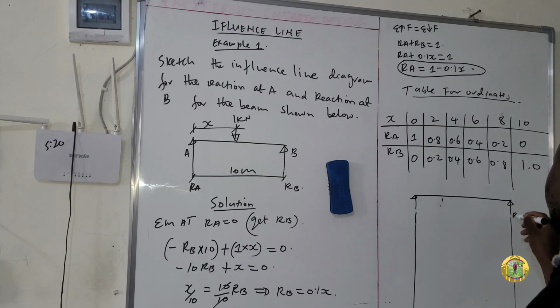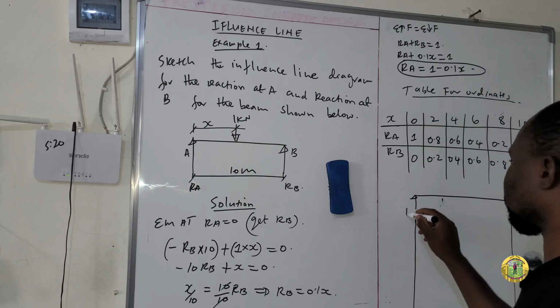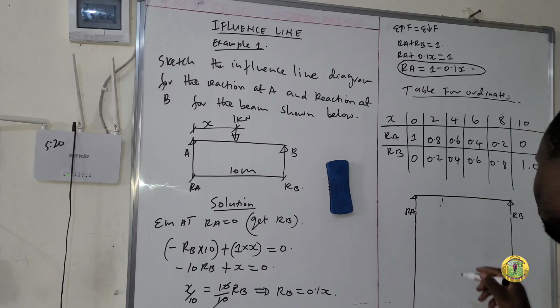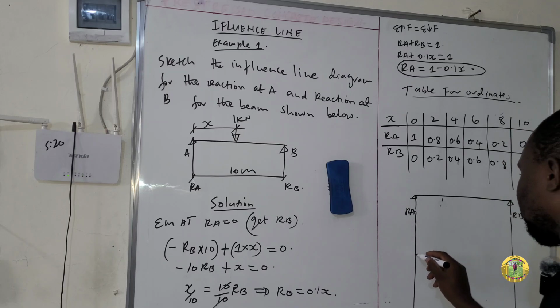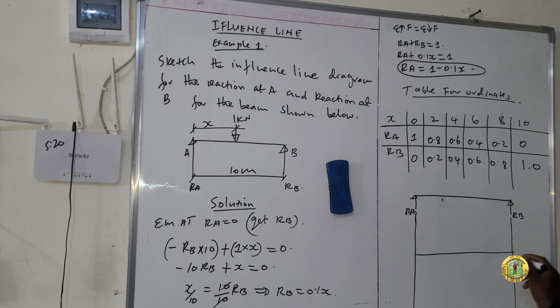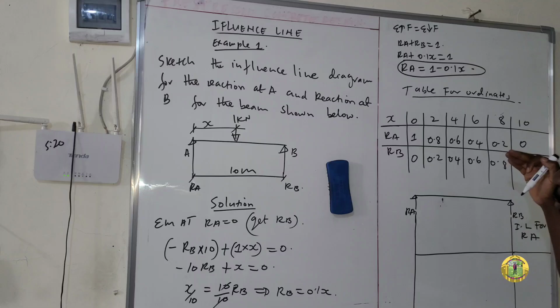So this is RB and this is RA. And then you'll draw the baseline. This is the baseline for the influence line for reaction A. Above the baseline is positive, below is negative.